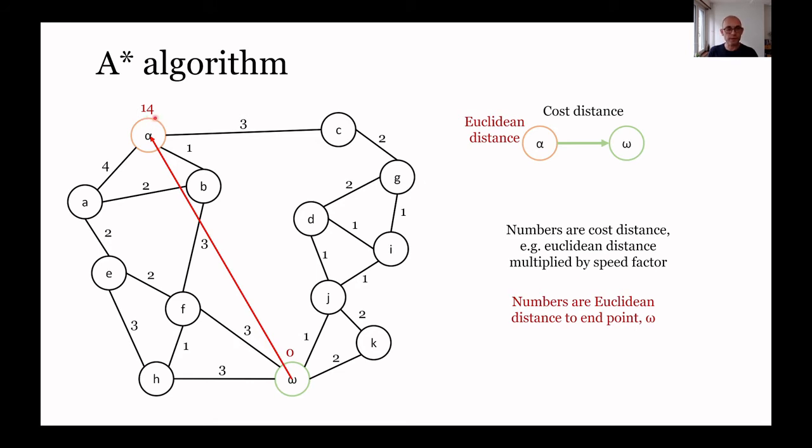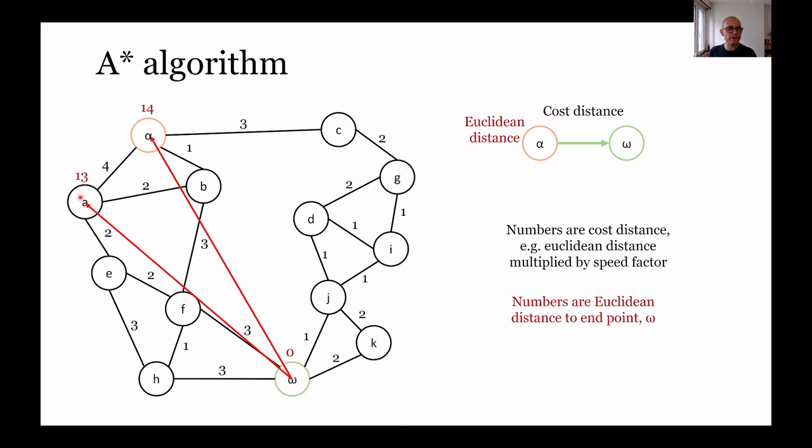The distances I'm going to show now are actually approximately correct. I measured them with a ruler on the screen. Not a very good way of doing it, but it'll work for this demonstration. So 14 units from omega up to alpha there, and then from A it's 13. It's slightly shorter. I think you can see that. It's a slightly shorter distance to get to omega from there.